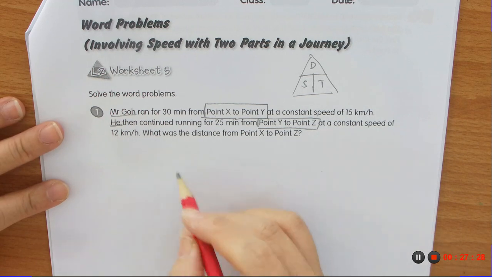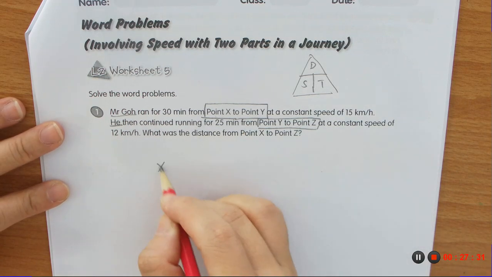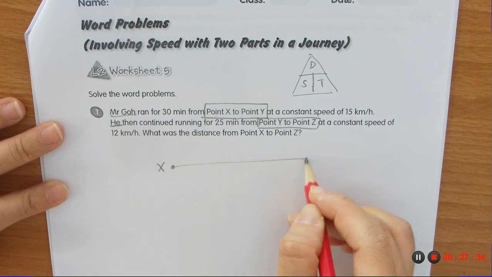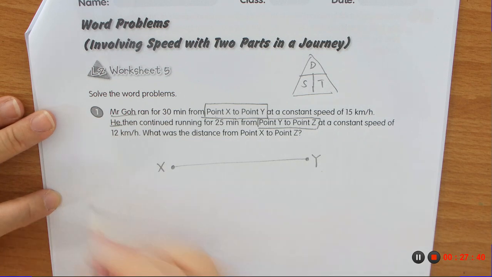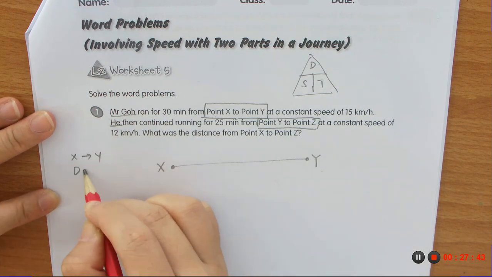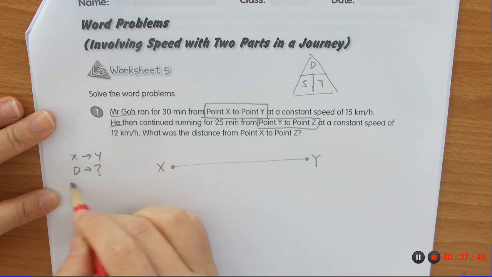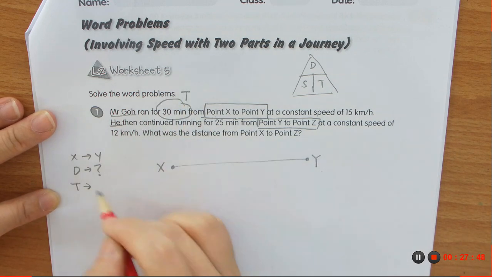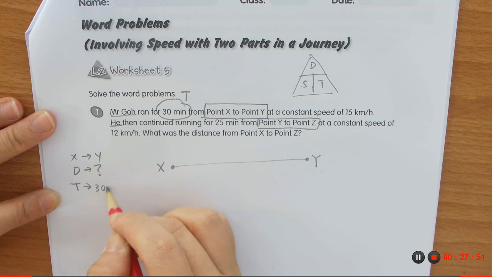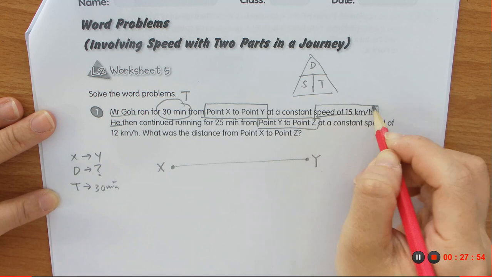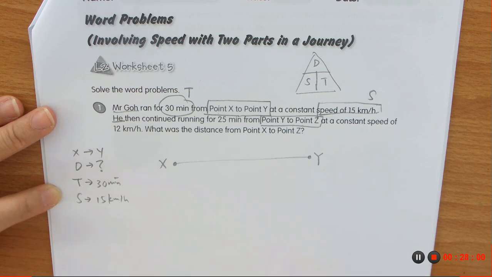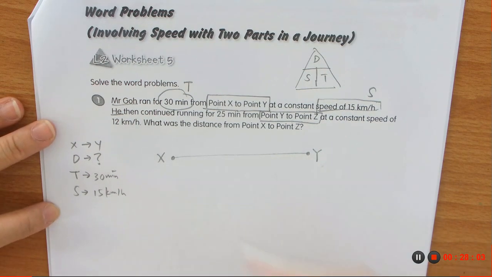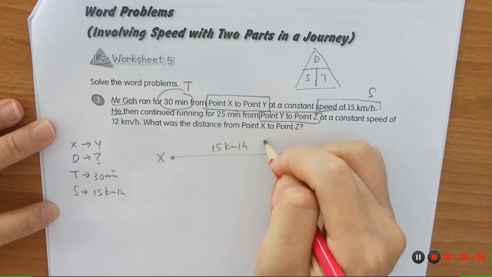And then I can draw out point X to point Y. Now from point X to point Y, you have an unknown distance, but you have a time, the time is 30 minutes. And you have a constant speed of 15 km per hour. So for X to Y, it is 15 km per hour for 30 minutes.